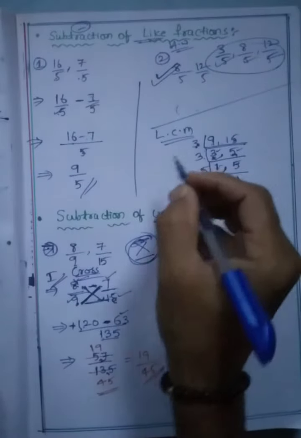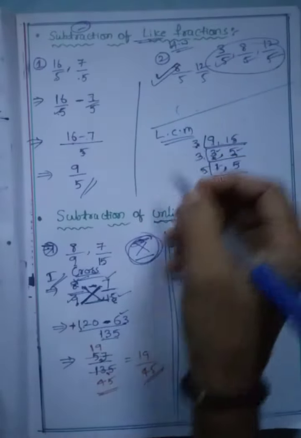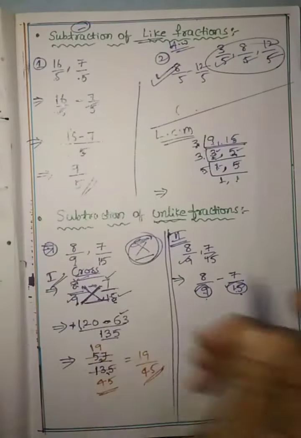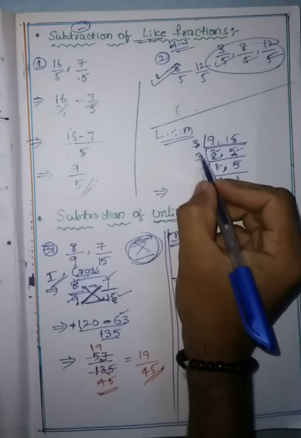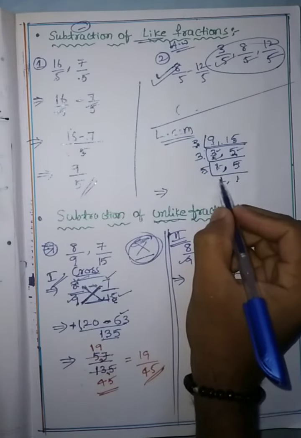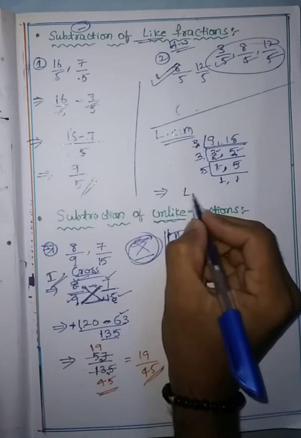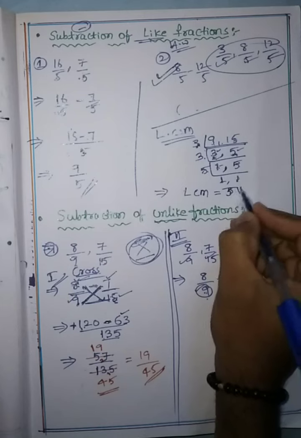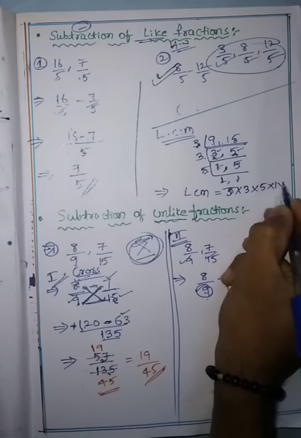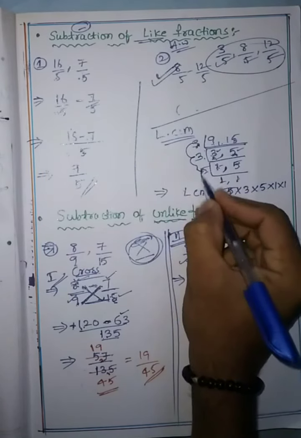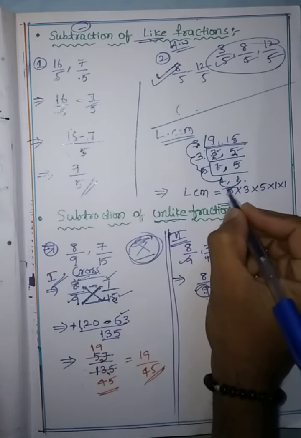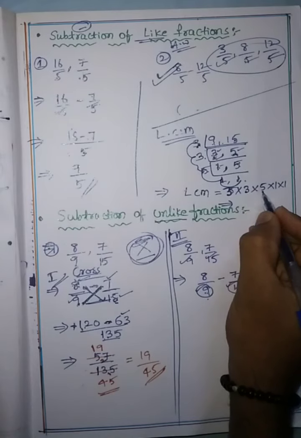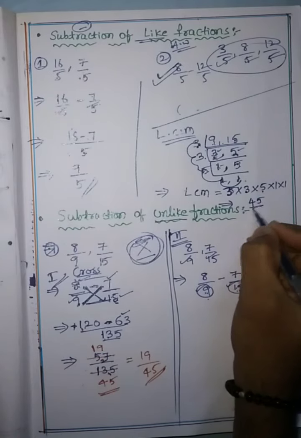Already we clearly discussed LCM in the previous class. So now take this part, 3 into 3 into 5 into 1 into 1. If you multiply all those numbers, then you get the LCM. 3 3s are 9. 9 5s are 45.